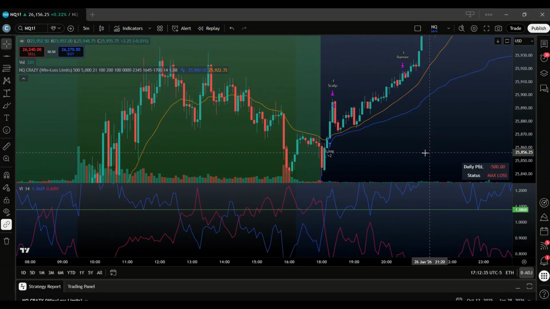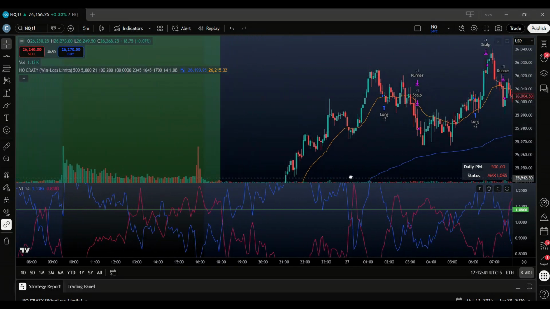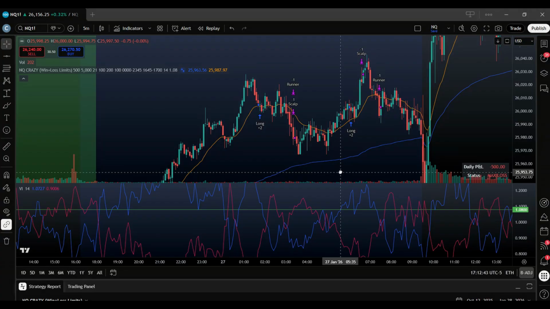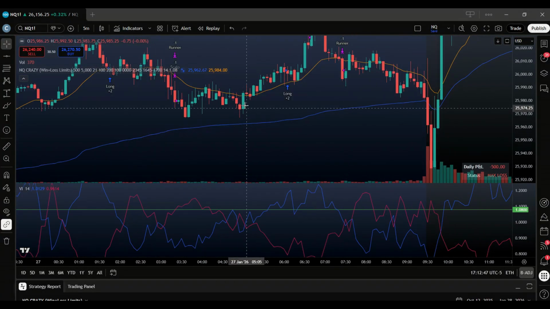Look at that one. That's lovely. Look at that long scalp and then runner. Anyway, I need to show you it not entering because of the. Here we go. Here's a good example. Choppy chop chop chop chop. Comes up, retests, would have entered, can't enter. Blue line's not above.